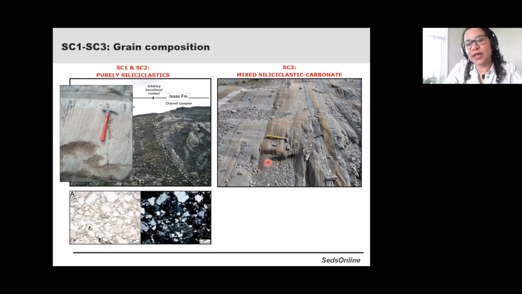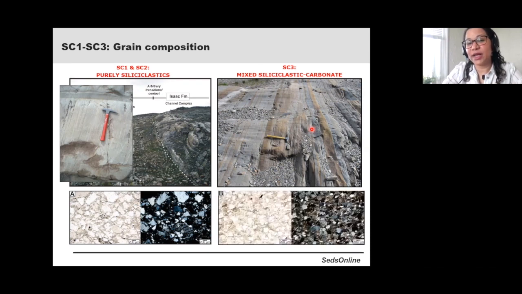This is a very interesting change, and it is a regional change occurring across the entire Windermere turbidite system. When you look at it in thin section, you recognize that there is a high proportion of carbonate cement in these rocks.